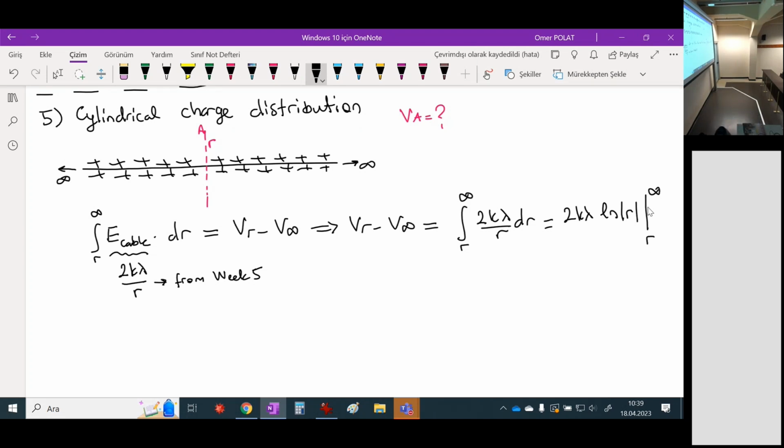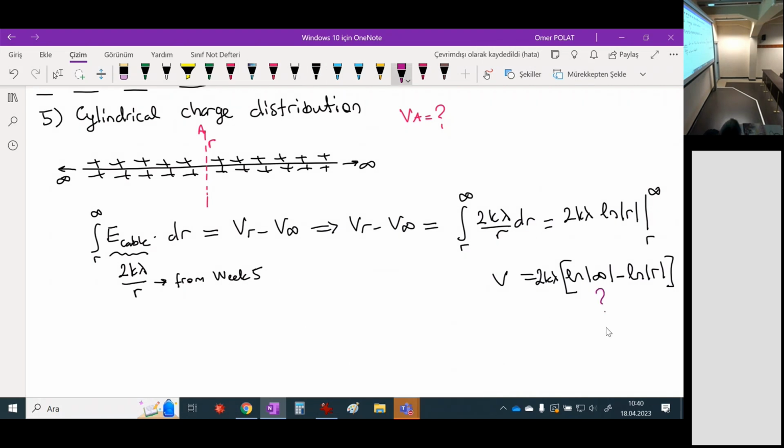Yes. Now, we have a problem. My problem is infinity. When I substitute infinity, from R to infinity, this solution gives, as we approach infinity, 2K lambda, ln infinity minus ln R. So we have a problem with this one.